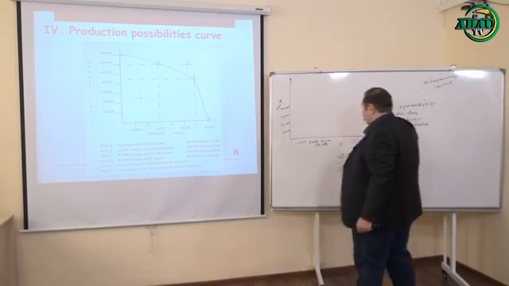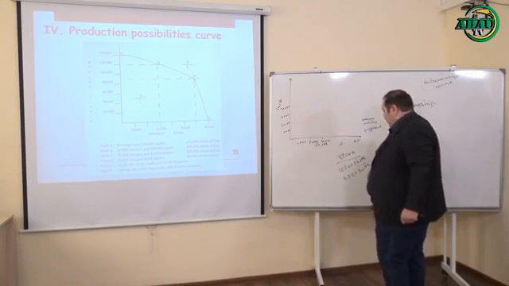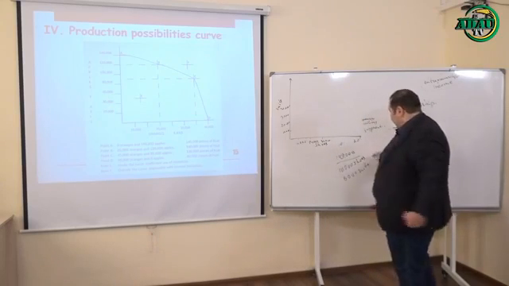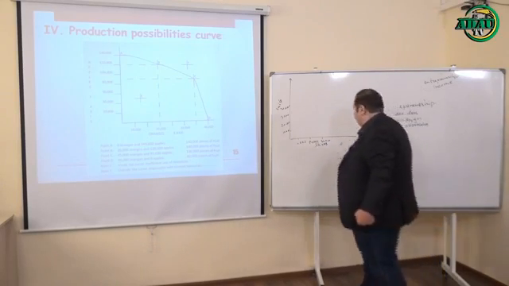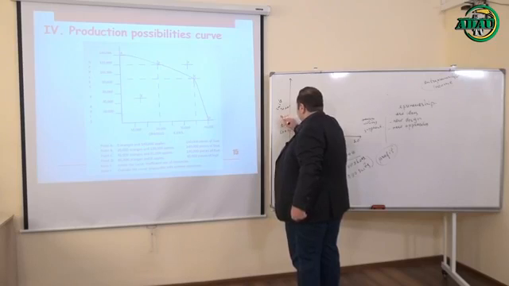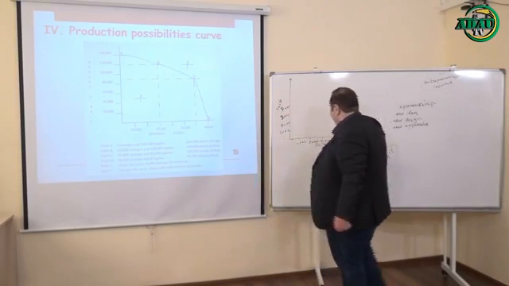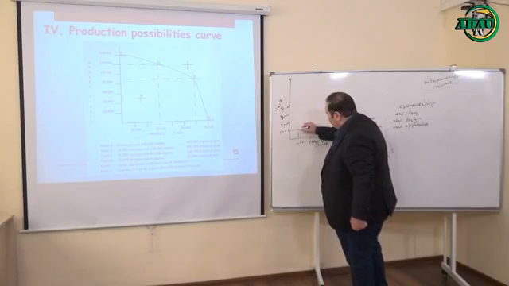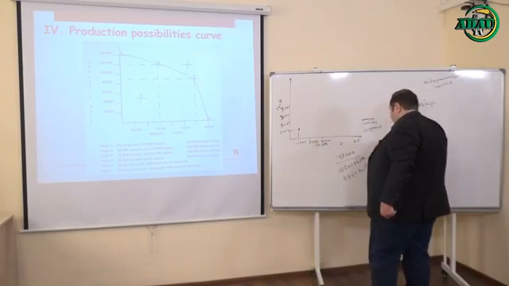So let's see. If I want 10,000 shoes compared with 5,000 suits, write down 5,000, 10,000, 20,000, 30,000. And then 10,000 shoes and 5,000 suits.